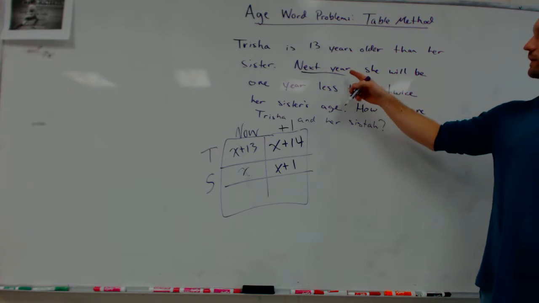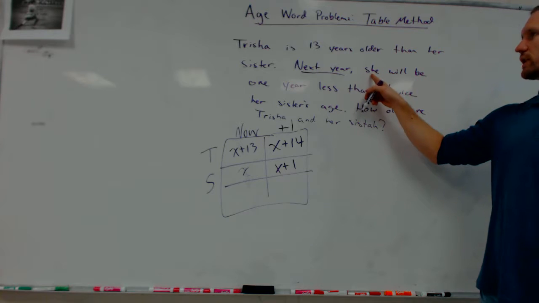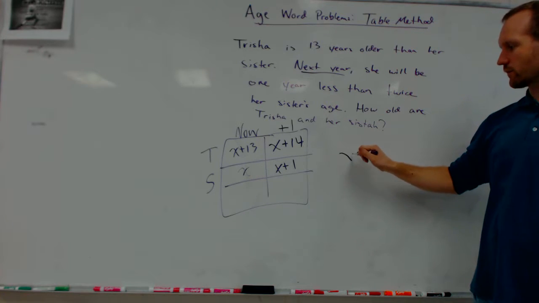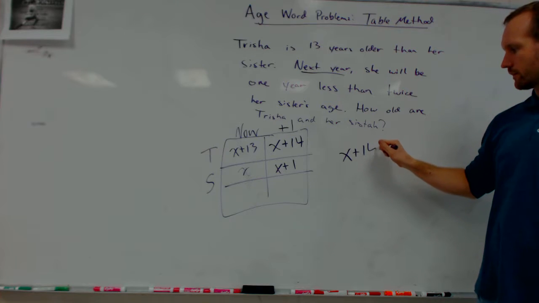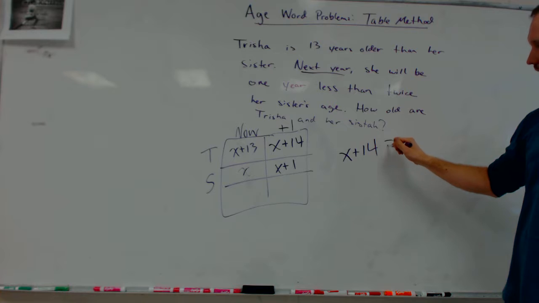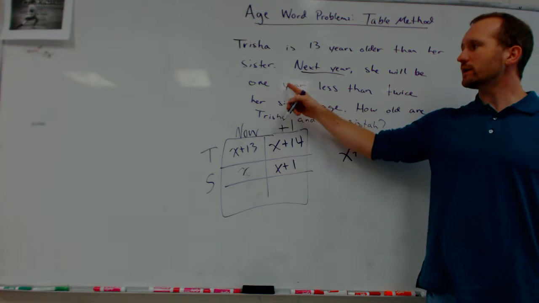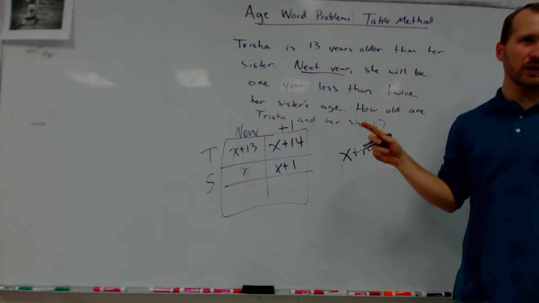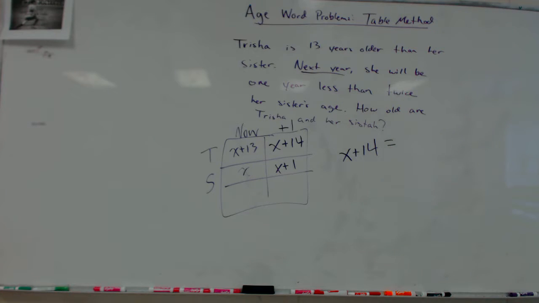It says, next year, she, that's Trisha. So I'm going to write down X plus 14 will be, that's equals, 1 year less than. I hope you guys remember this. I think you did this with Gary, right?